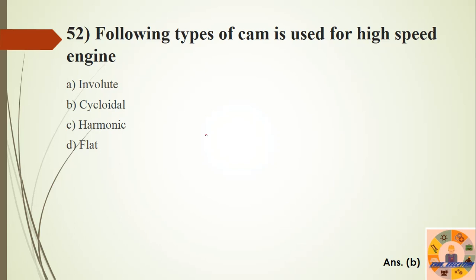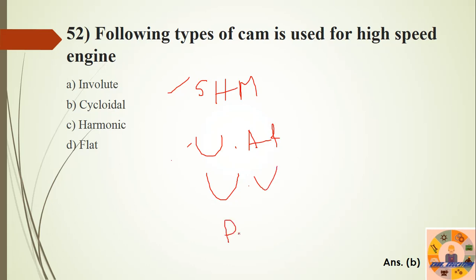We know there are five follower motions: simple harmonic, uniform acceleration and uniform retardation, the third type is the uniform velocity, the fourth type is parabolic, and the fifth type is the cycloidal motion.